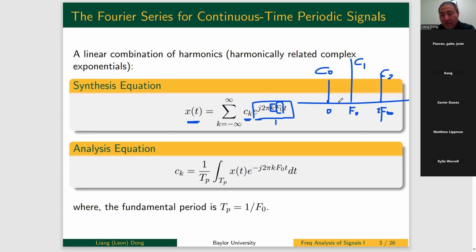What about a frequency component in here? Let's say half of f naught. In other words, I'm asking, why do I have discretized frequencies? It's exactly on 0, or minus f0, f0, 2f0.